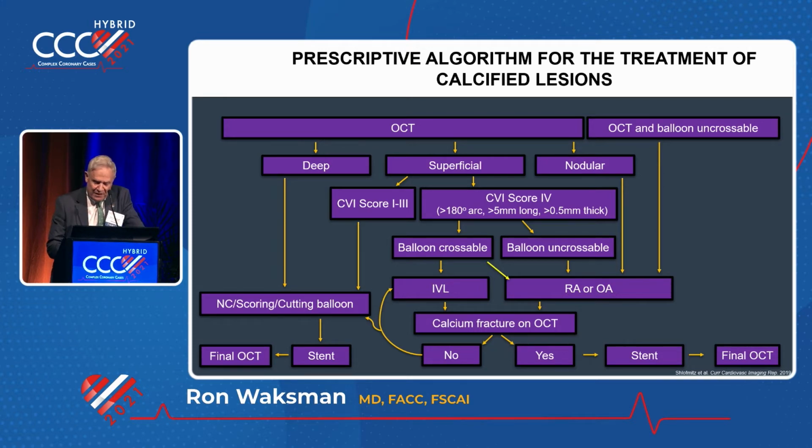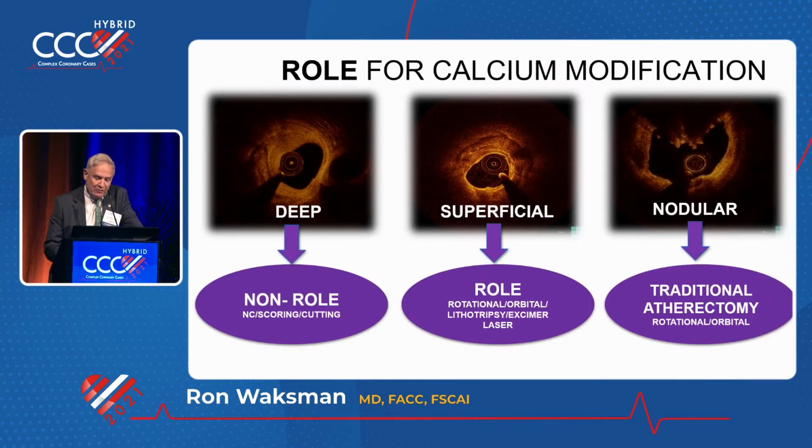So there is one group that would use rotational atherectomy or orbital atherectomy. And these are when you have traditional atherectomy that's done in nodular calcium. When you have a superficial one, it used to be just for atherectomy devices, but now we have data also that lithotripsy can work.